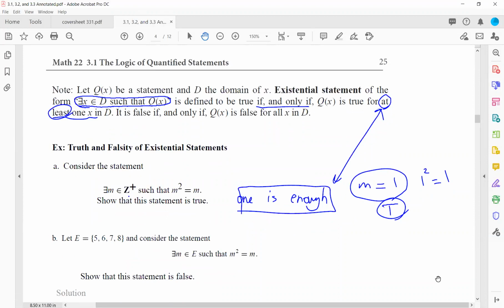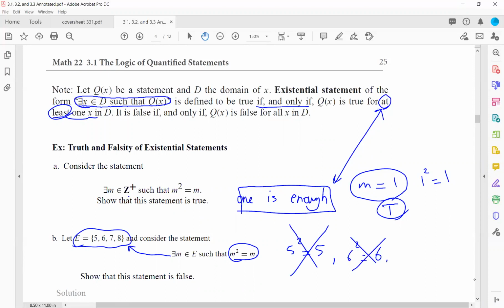Now, what if I change my domain? I say the domain is now 5, 6, 7, and 8. Can I find one element in this domain that makes this statement true? I have to check each of them. Let us check 5. Is 5 squared equal to 5? Nope. 6 squared is equal to 6?